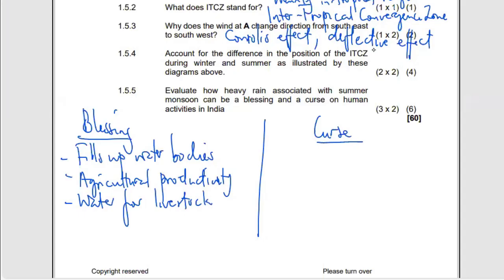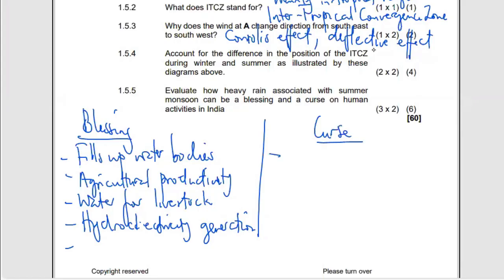We can talk of other benefits of the rainfall. We can look at it as water for hydroelectricity generation. They have sufficient water for such. So there are many benefits here of having water. You can look at water for domestic purposes. Water for industrial use is readily available because of the heavy rainfall, which is a feature of the summer monsoon.